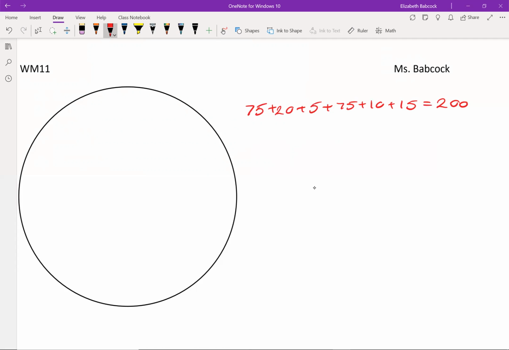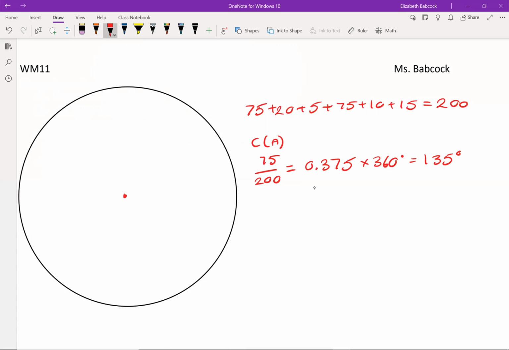Okay, we're going to do car alone first. 75 people out of the 200. Okay, that is 0.375 times 360 to figure out how much it represents, and that is 135 degrees. Using your protractor, make sure it goes through the center of the circle. Okay.